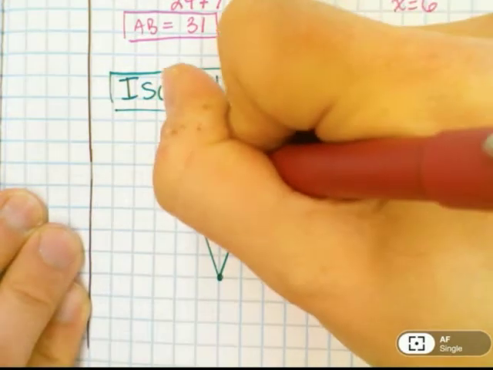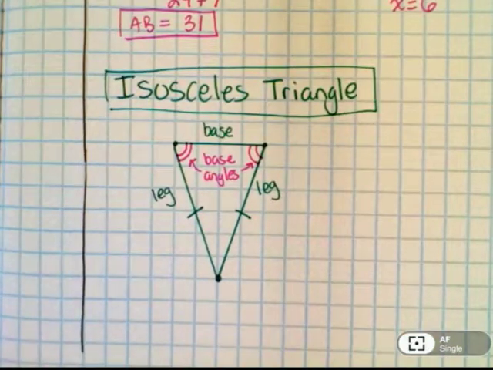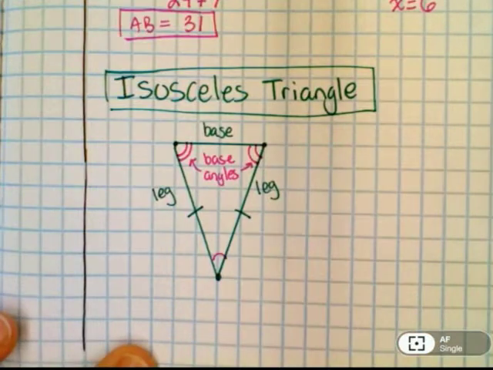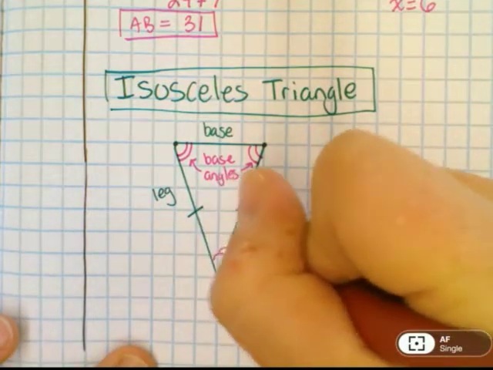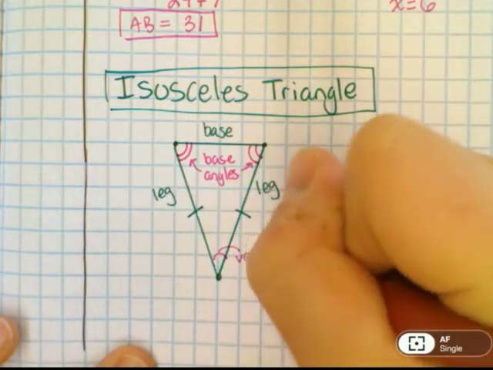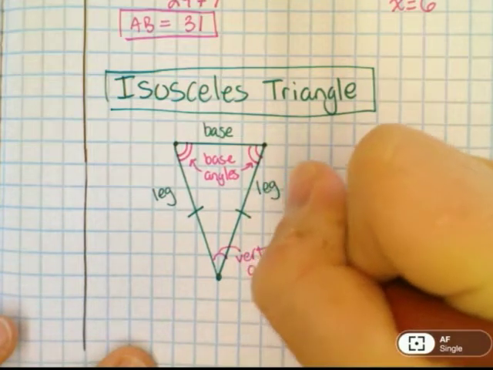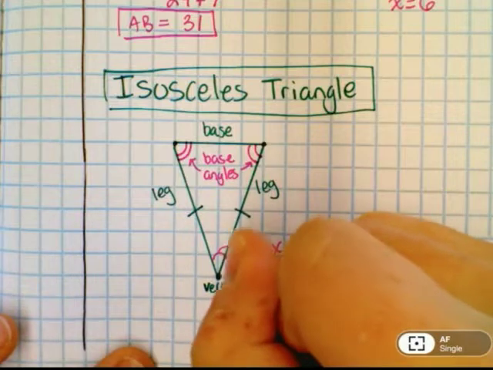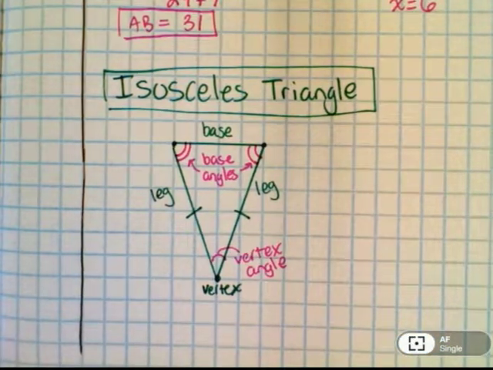They're called the base angles because they are the two angles surrounding the base. This other angle here will be a different angle measure, and this angle is called the vertex angle, and this point up here is called the vertex. So those are the pieces of an isosceles triangle.